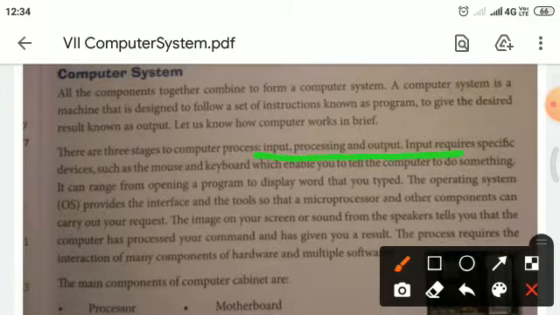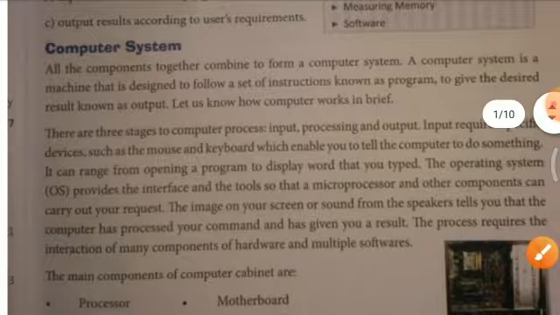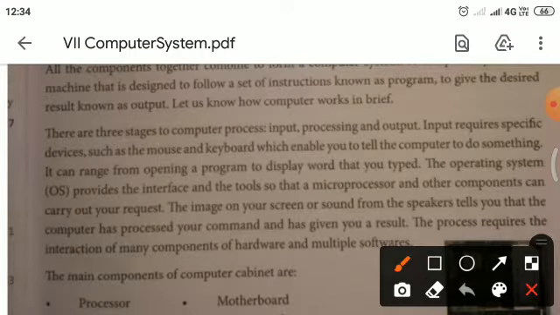And students, input requires specific input devices such as mouse and keyboards that are used to take the input from the users to the computer.